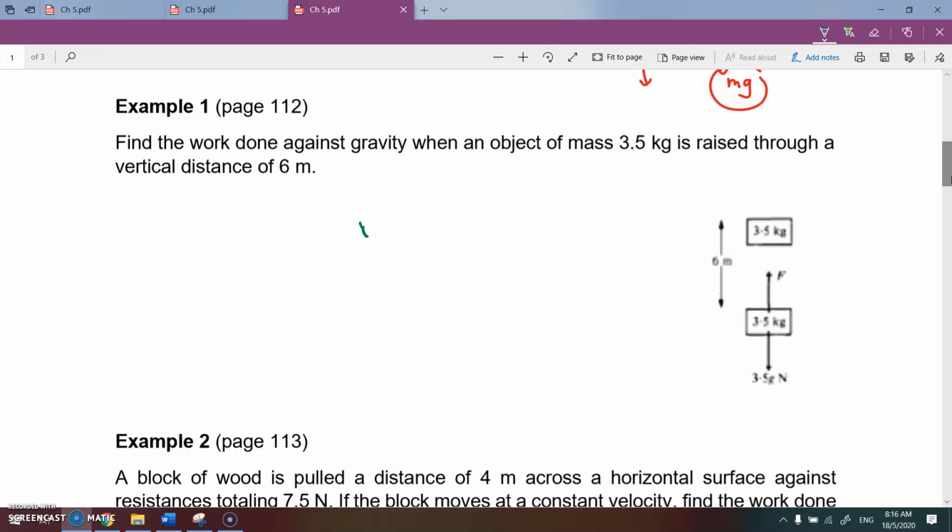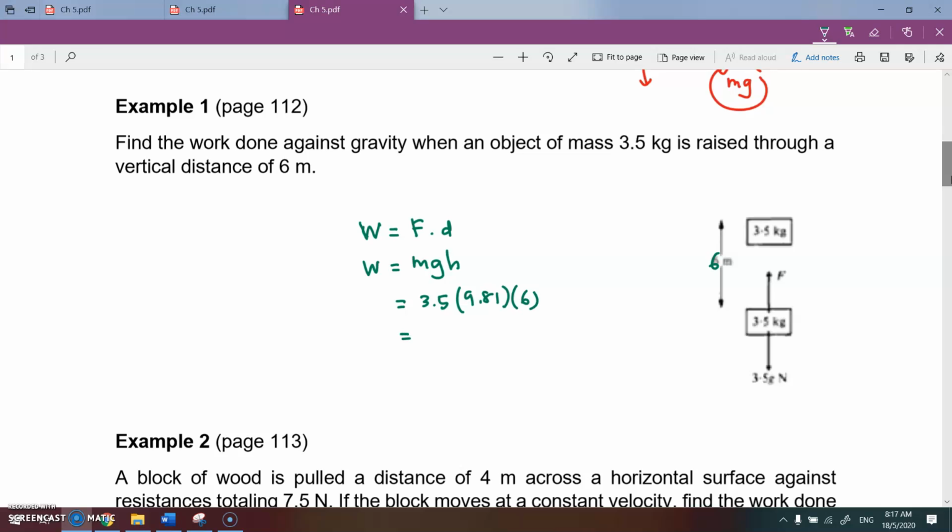As I said, the work done is F times D, and since it is moving vertically, we can use mg times height. The mass is 3.5, g is 9.81, and the height is 6 meters.